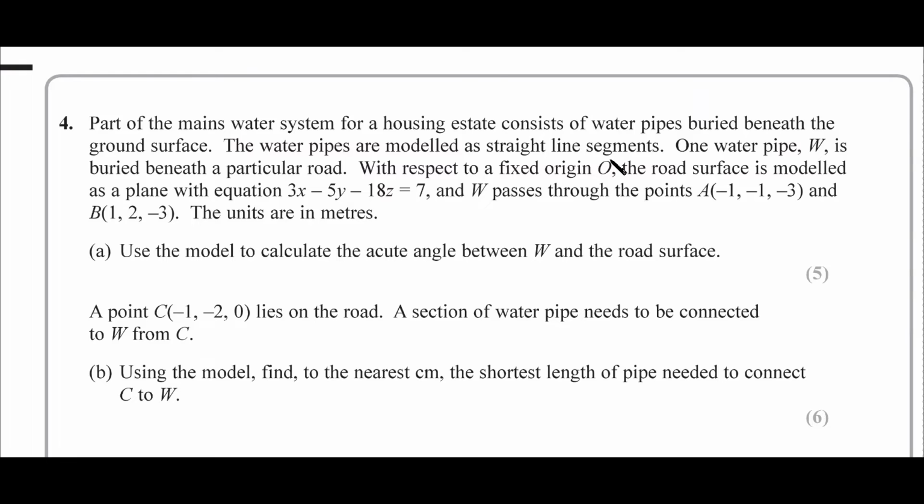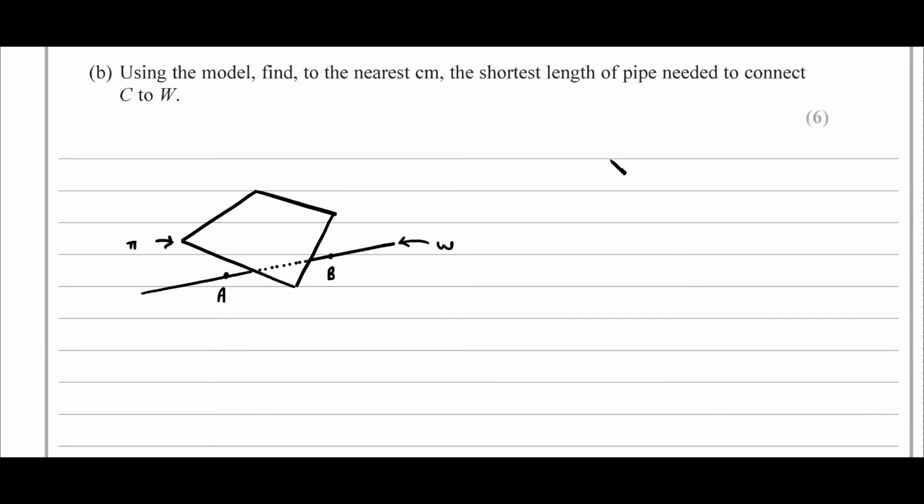So I've drawn over here a diagram. We've got our plane π, and we've also got our line W, and we've got the points A and B. Now, we already know that the equation of the plane is given by 3x minus 5y minus 18z equals 7.